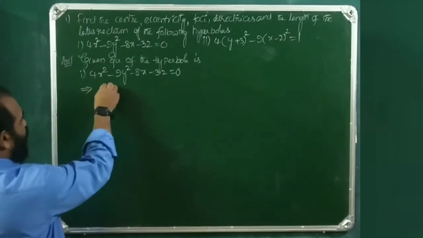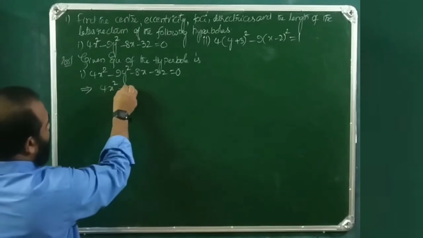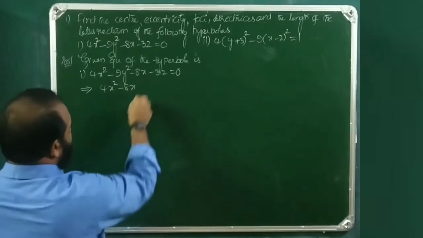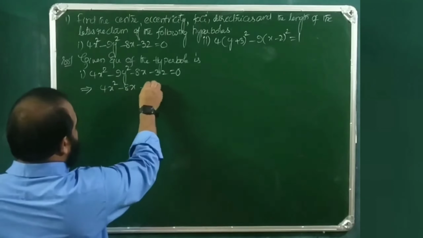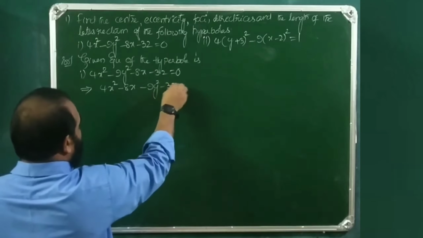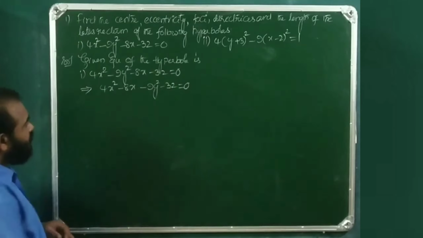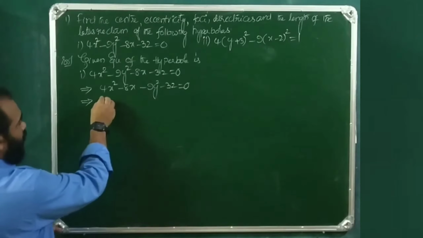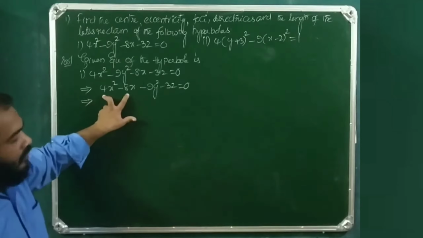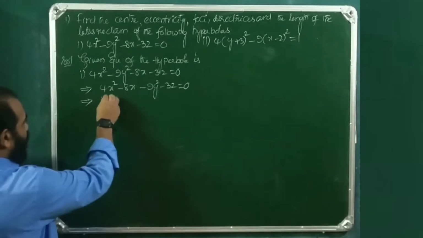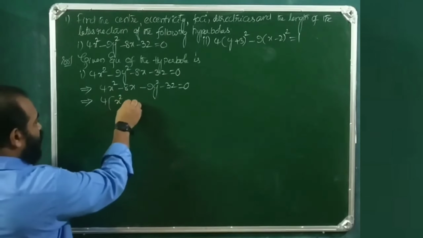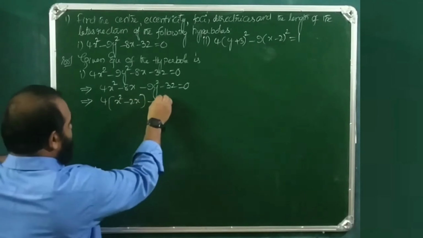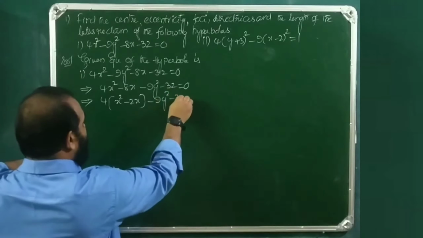So, this is 4x square minus 8x minus 9y square minus 32 equals 0. I'll take 4 in common in both of them. So, 4 into x square minus 2x minus 9y square minus 32 equals 0.